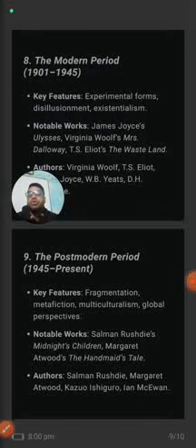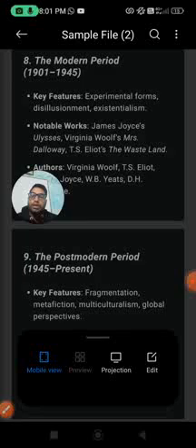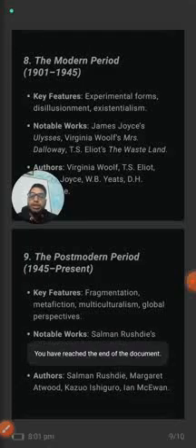The famous authors of the postmodern period are Salman Rushdie, Margaret Atwood, Kazuo Ishiguro, and Ian McEwan.